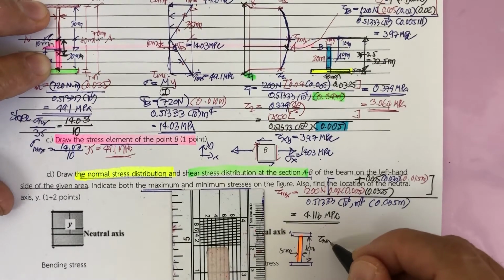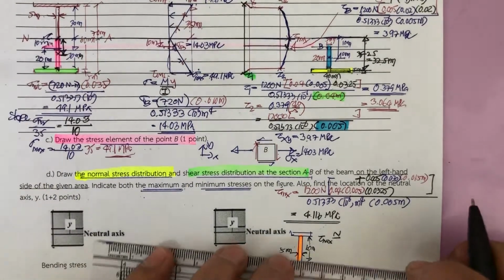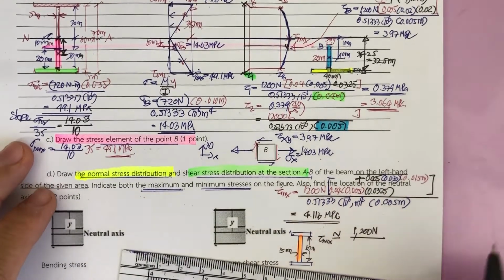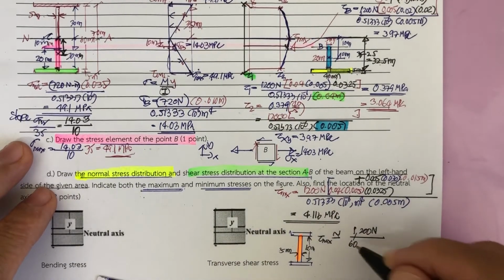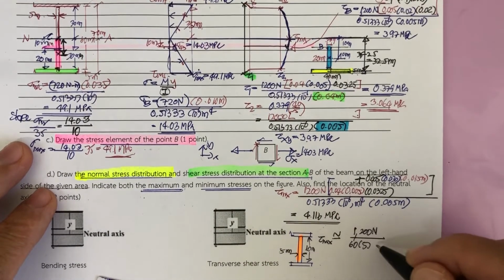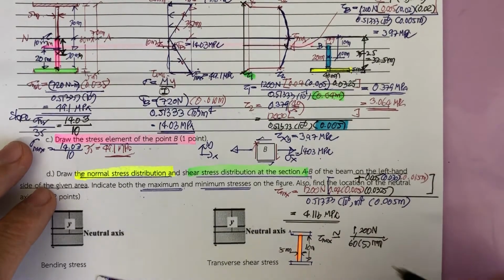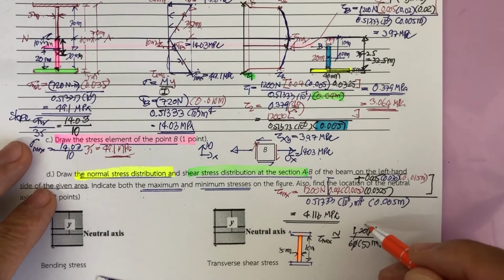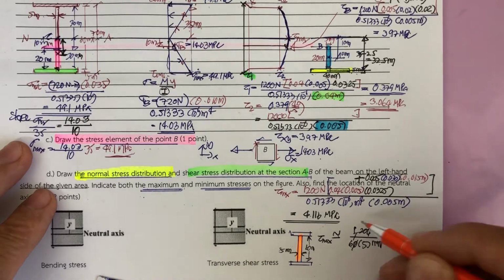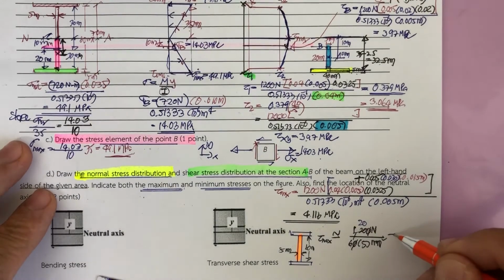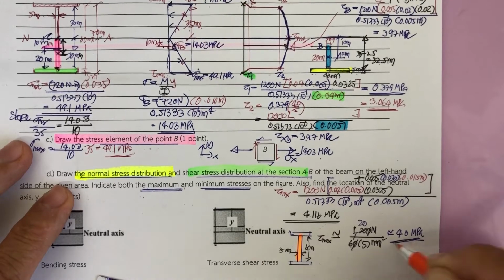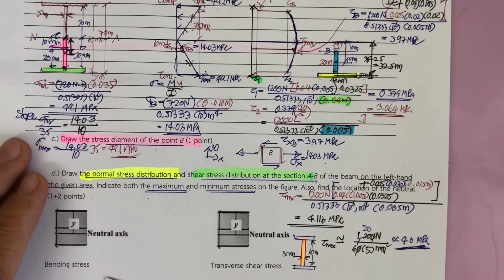The tau max can be approximated to be what? This one is 1,200 Newton, and then divided by 60 times 5 millimeter square. You cut this one, and 6 cut this one, going to be what? 120 divided by 6, this one going to be 20, and then it is going to be approximately 4.0 megapascal. It can be approximated like this for this section.